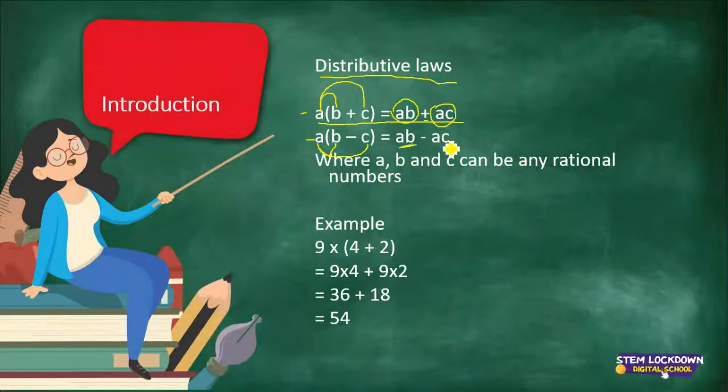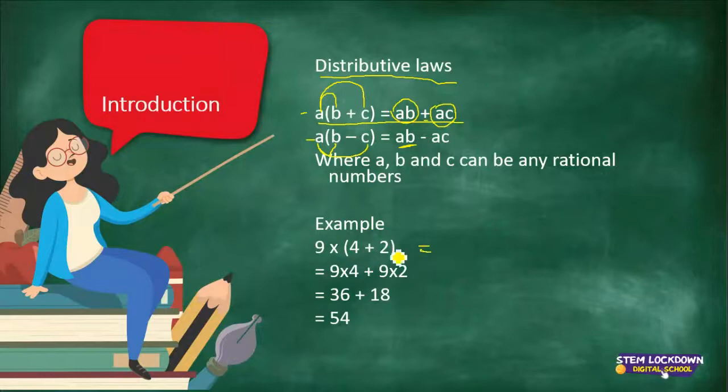Now let's look at an example, because some learners, when you see letters, some of you get confused. Let's say I have 9 multiplied into a bracket with 4 plus 2.